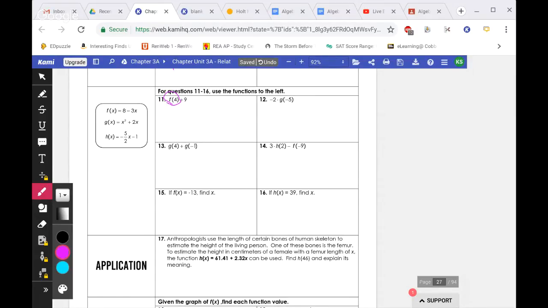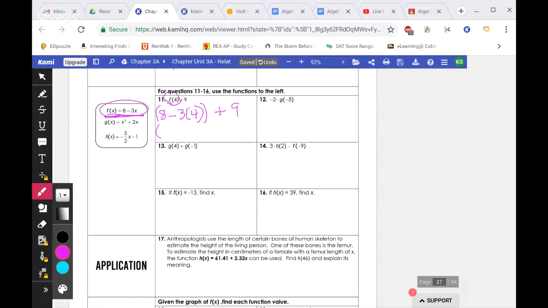So right here we would have 8 minus 3 times 4, because I'm using this function, plus 9. This whole thing is just a shortcut way of writing the value of this function defined at 4.